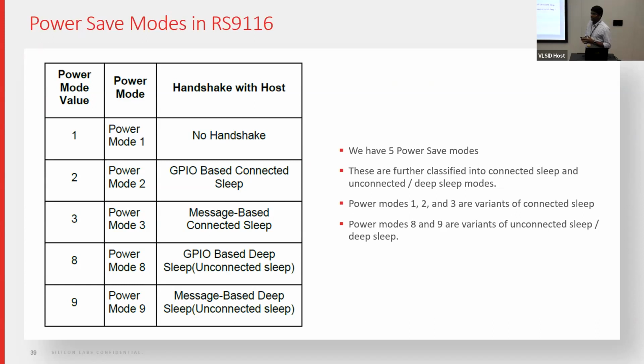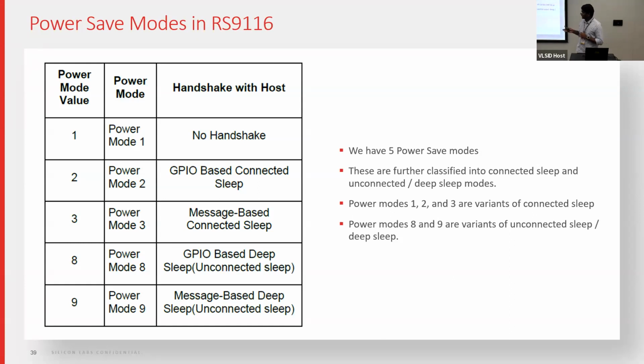If they don't have any restriction on power, they can go for power mode 1, where there is no handshake. Power modes 1, 2 and 3 are for the connected state, when the module is connected to the access point, for example a mobile connected to your home router.